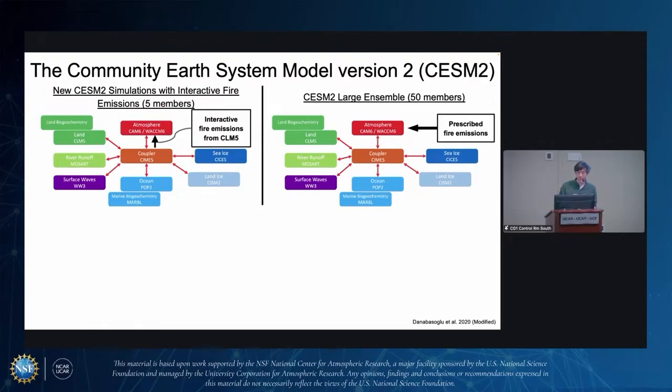And in order to isolate this fire response due to interactive emissions, we also compare the new interactive experiment with the prescribed experiment, the CESM2 large ensemble.